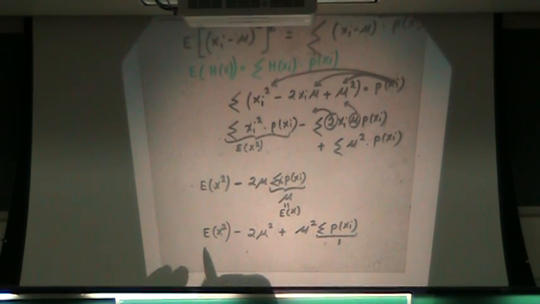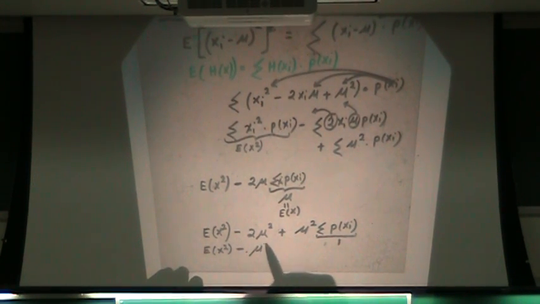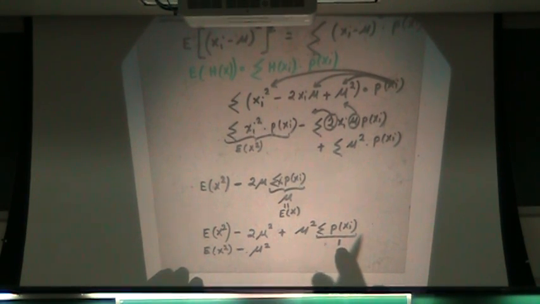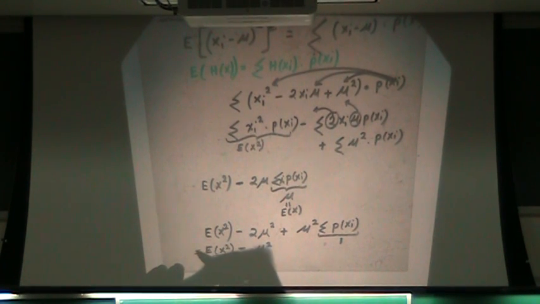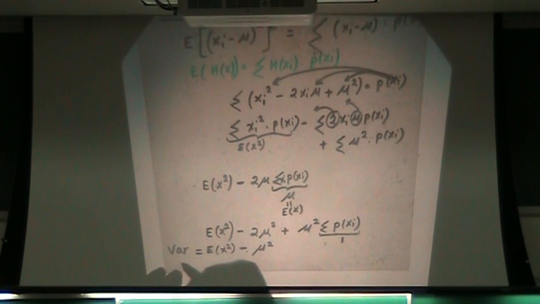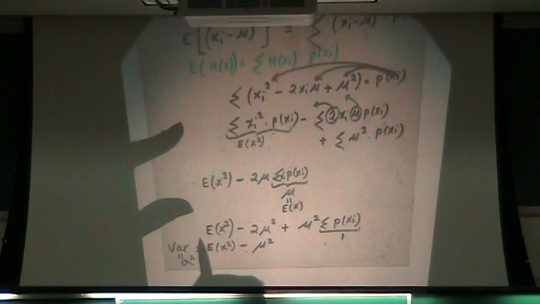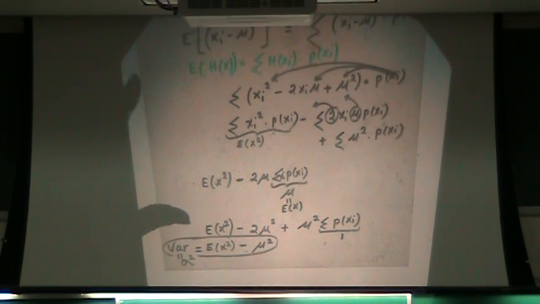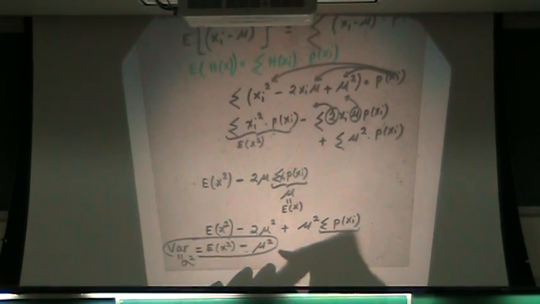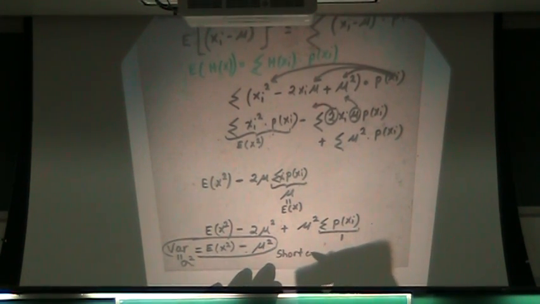So here I have E of x squared minus 2 mu squared plus mu squared, which gives E of x squared minus mu squared. That is my shortcut formula for the variance, which is otherwise known as sigma squared. This is the formula we're going to use. That's called the shortcut formula for variance.